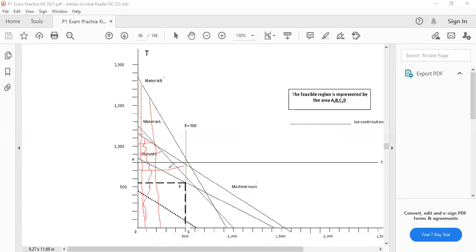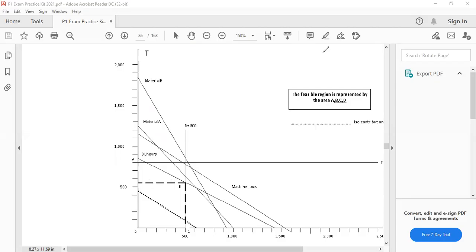And mesh knot is another constraint, so maybe a dotted line. This looks all clumsy. The area which is covered by all the constraints will be taken as the feasible region.